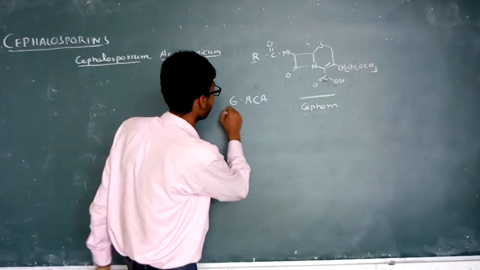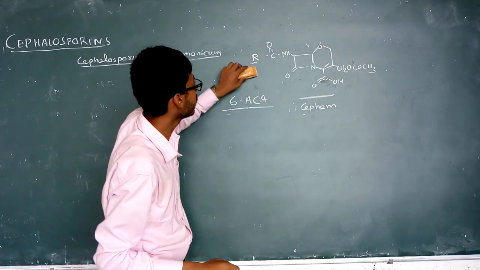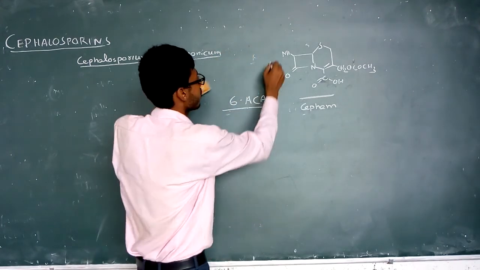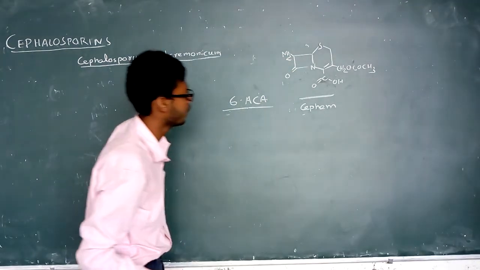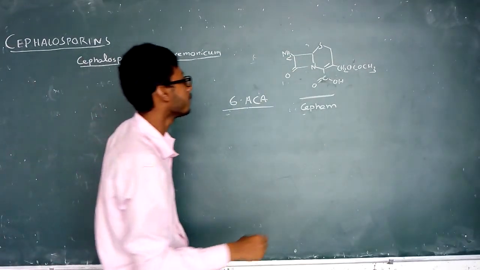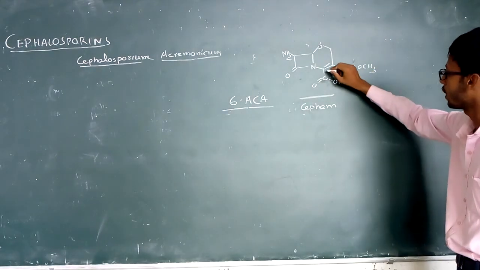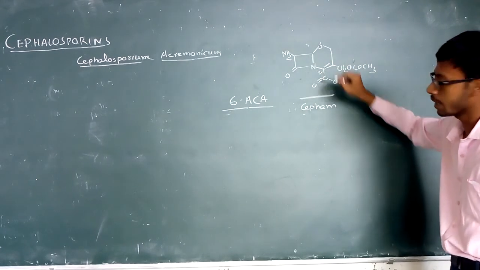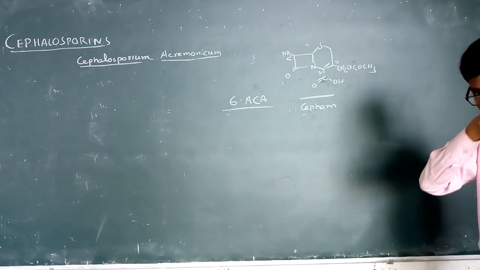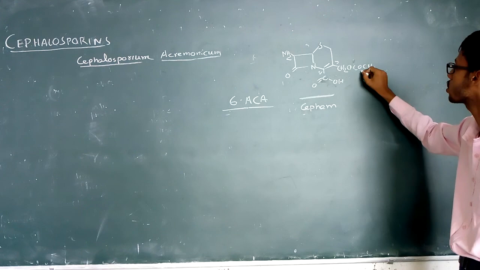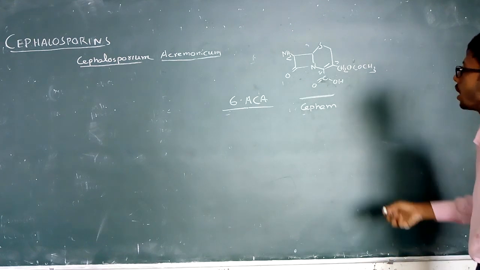6-ACA, that is 6-aminocephalosporanic acid, which contains the basic nuclear structure. At the 6 position there is NH2, and at the 2 position it contains an acid, and at the 3 position it has the side chain CH2OCOCH3, which may be different in the various analogues.